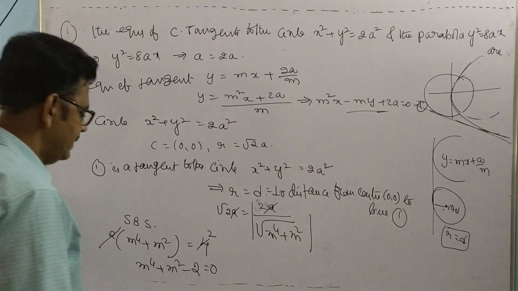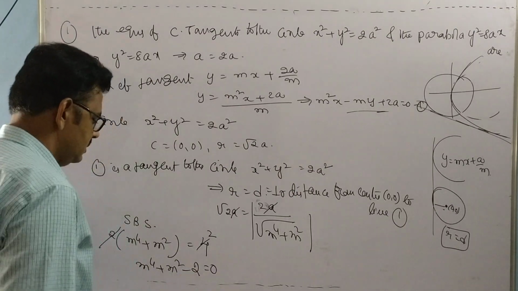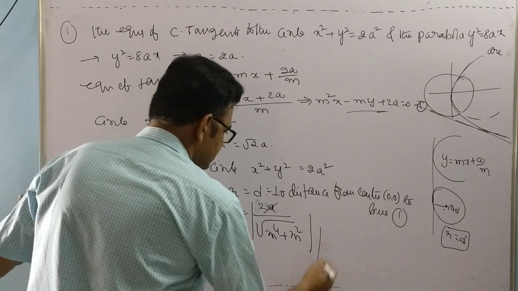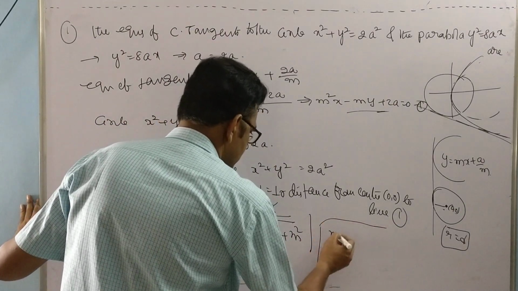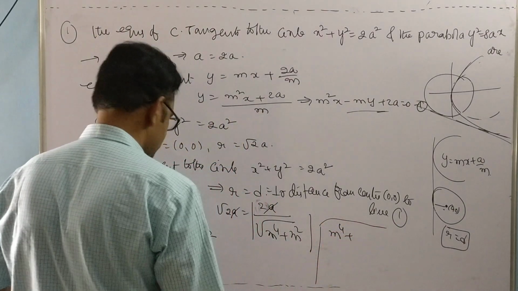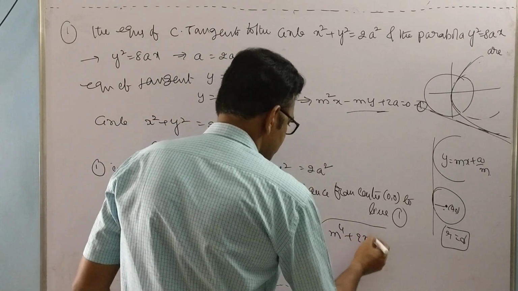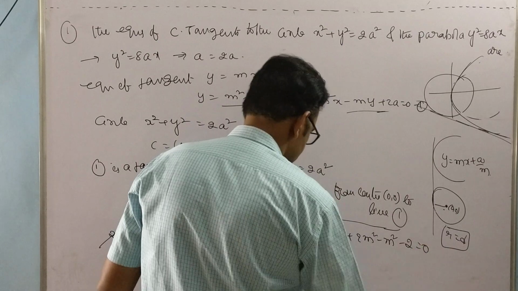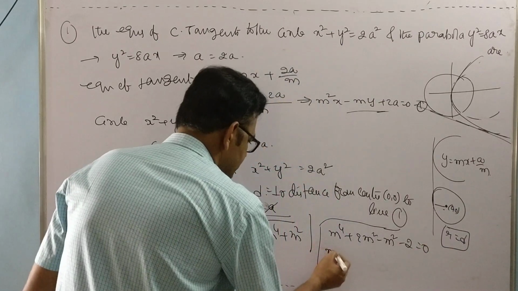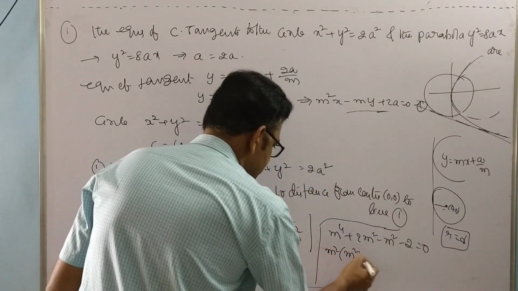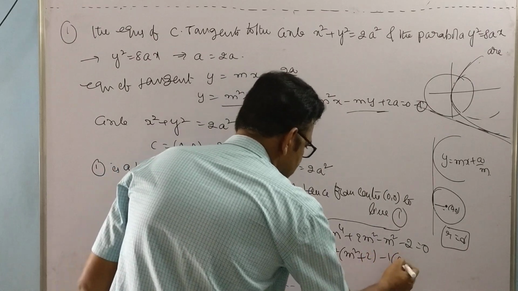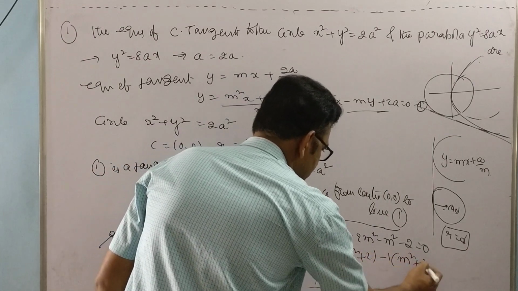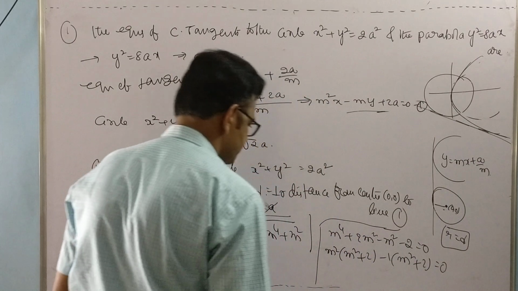Okay. Now by factorizing this, m power 4 plus 2m square minus m square minus 2 equal to 0. m square common, m square plus 2, minus 1 common, m square plus 2 equal to 0.